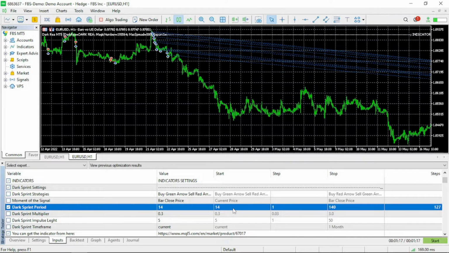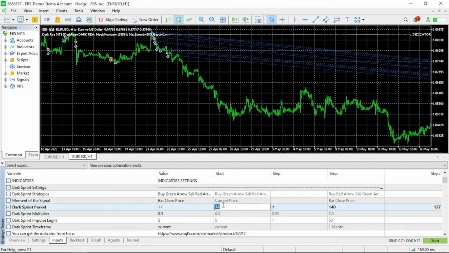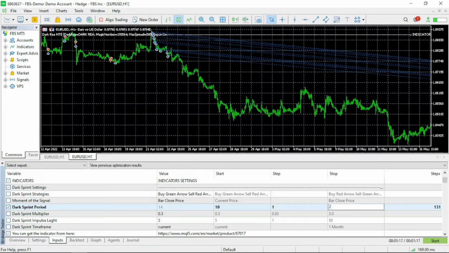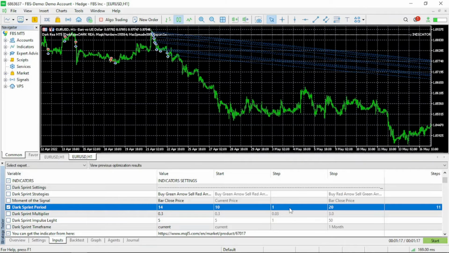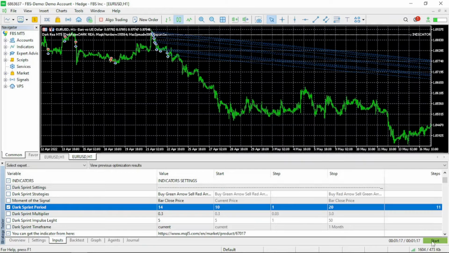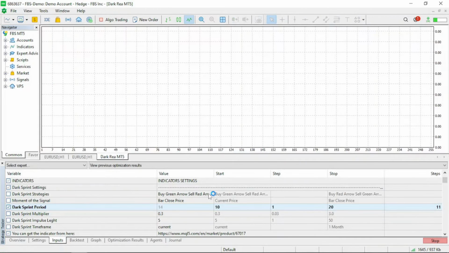What I'm going to do for the period is start at 10, a step of 1, and I'm going to let it go up to 20. That means there will be 11 optimization tests run with the default settings, only adjusting the Dark Sprint period.